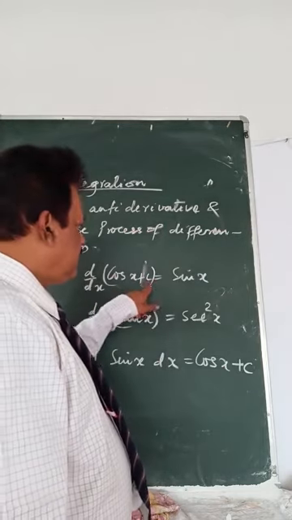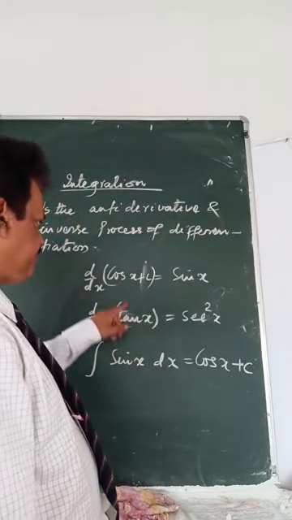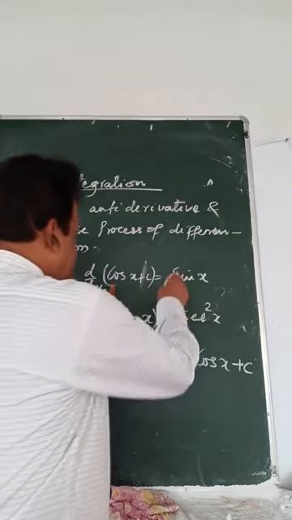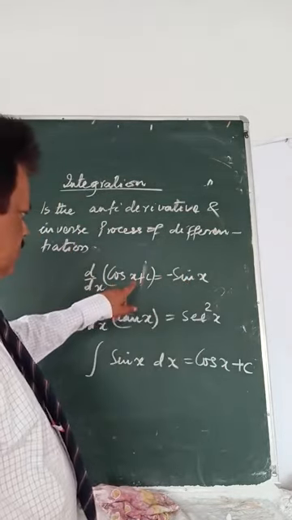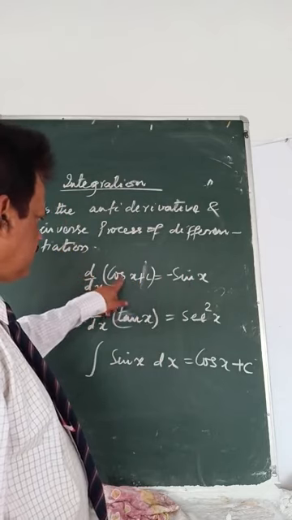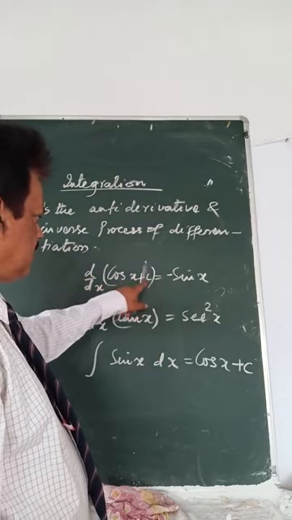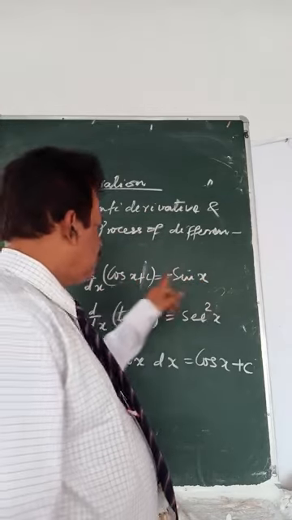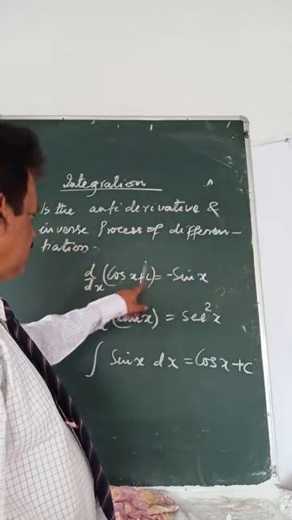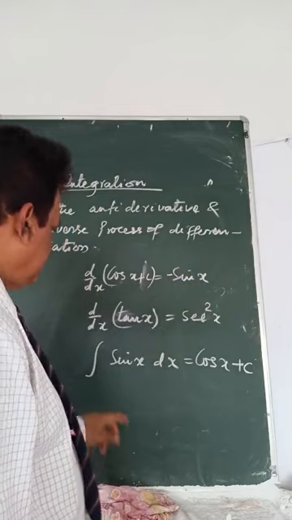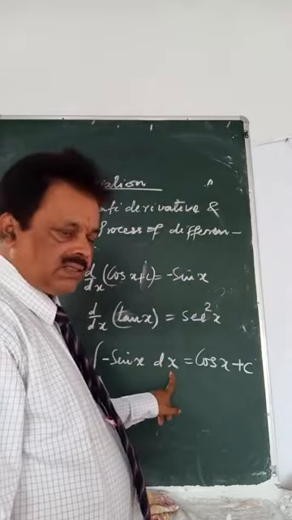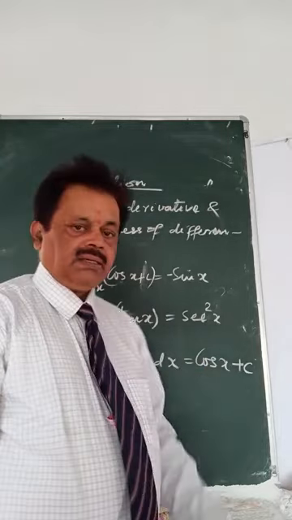The derivative of cos x is minus sin x. So the derivative of cos x plus c is minus sin x, but c is the constant of integration whose derivative is 0. That means integration of minus sin x with respect to x is cos x plus c.